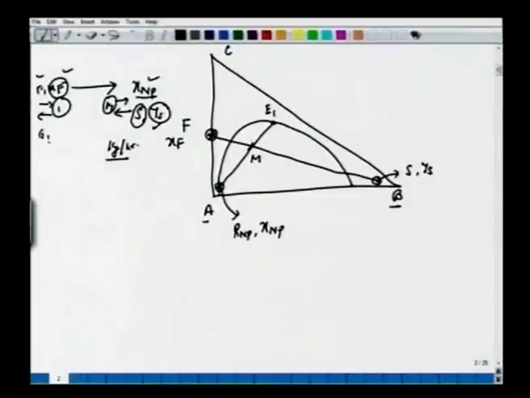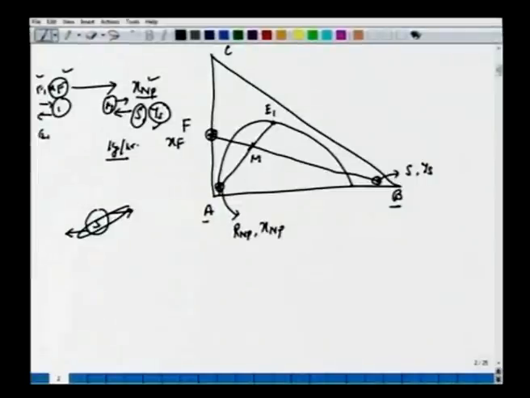So now notice that the two streams, E1 here and raffinate RNP, are miles apart, they are not in equilibrium. At every stage, the two leaving streams, raffinate and extract, are in equilibrium. But here, this is the first stage and this is the last stage.